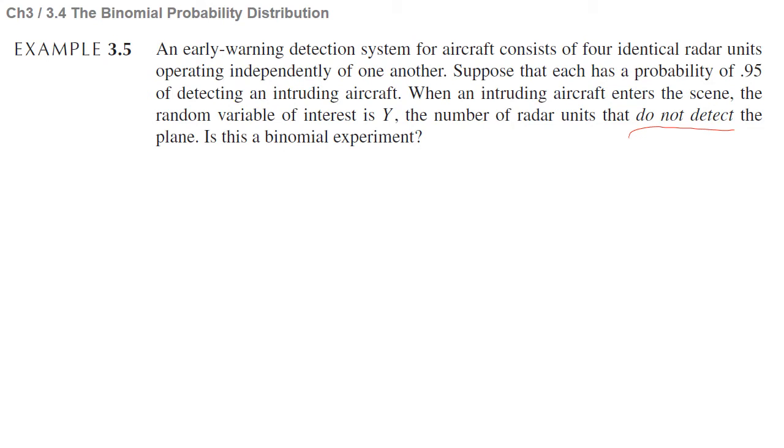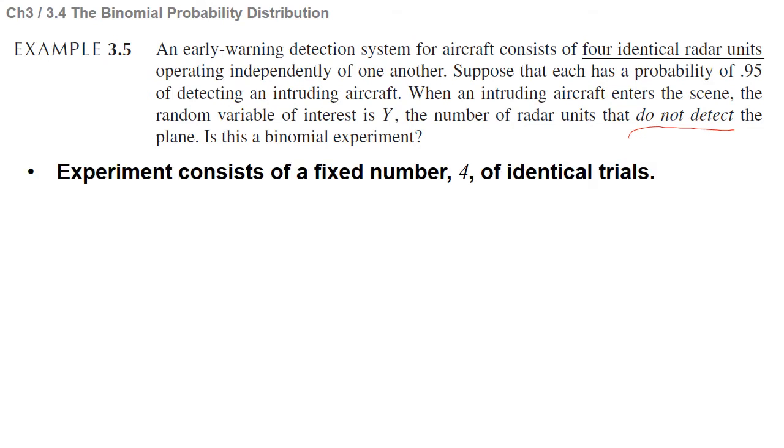Is this a binomial experiment? Let's check one by one. The experiment consists of a fixed number, 4, of identical trials. Actually, the experiment consists of 4 identical Bernoulli trials. We have 4 identical radar units operating independently of one another, and for the radar, we are interested in the event of not detecting.